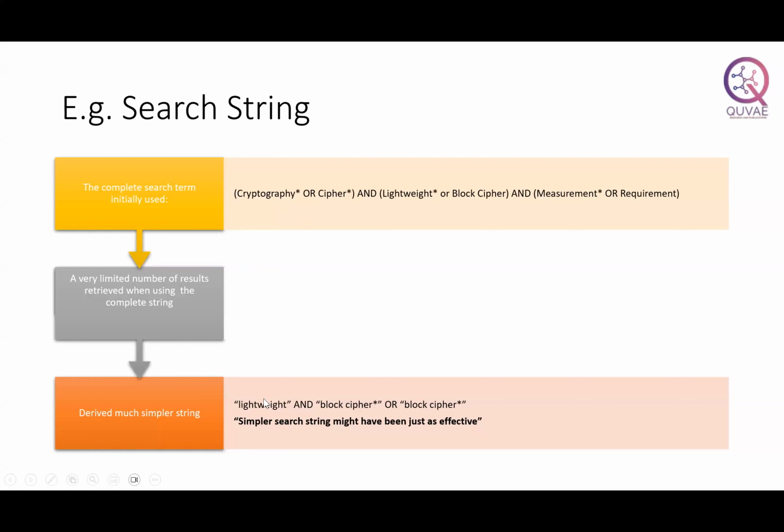For this one, I just use lightweight and block cipher, or block cipher. Sometimes a simple search string can be effective to get good papers and more papers. But if you are satisfied with the complete search string, then you can use it to look for the papers or articles.